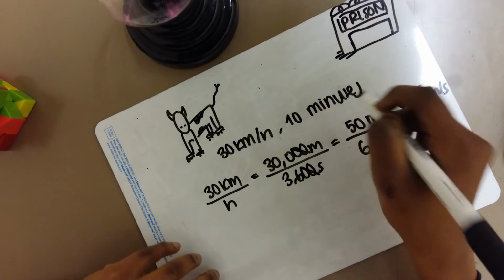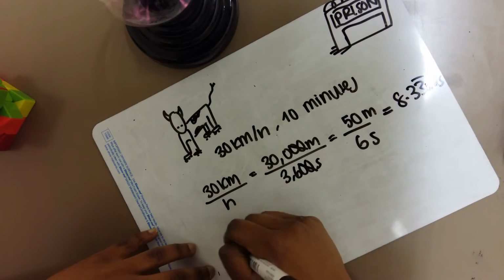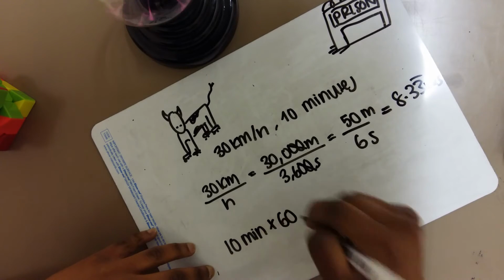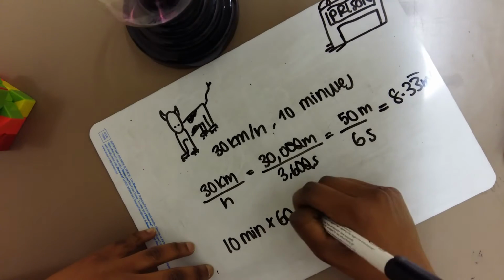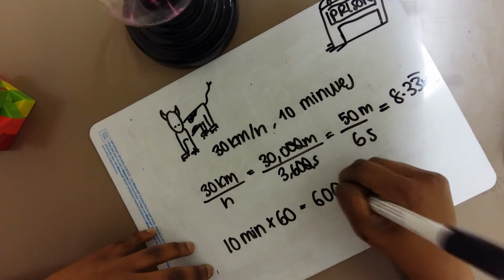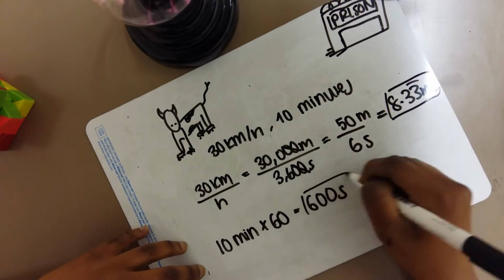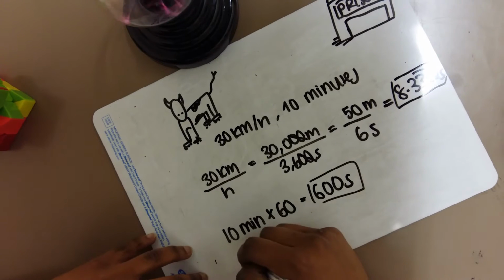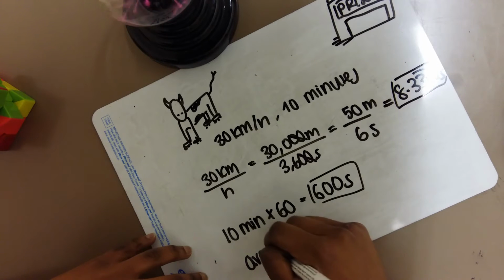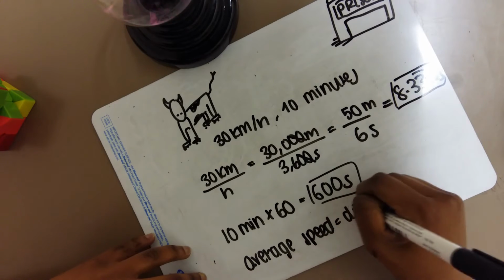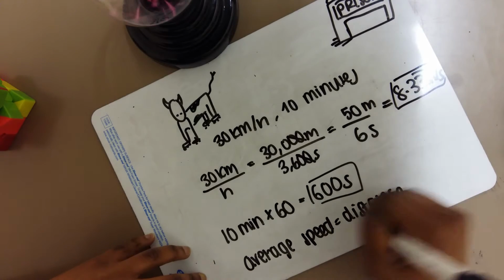And then to change the minutes to seconds, we'll just do 10 minutes times 60, because that's how many seconds there are in a minute, to get 600 seconds. So we have our two values that we can plug into the equation now. Remember, average speed equals distance over time.